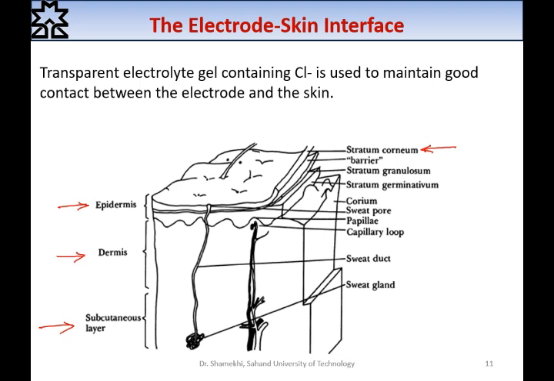But the deeper layers, dermis and subcutaneous layer, have some ducts or vessels full of some liquid, some electrolyte, and therefore the conduction of the deeper layer is better than the outer layer.